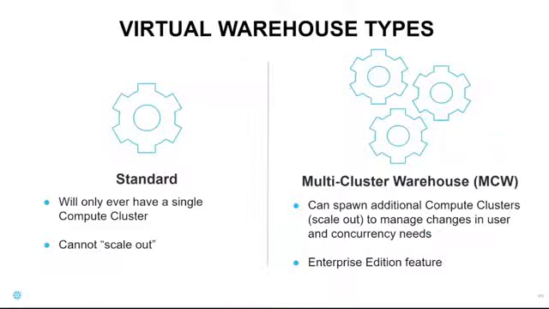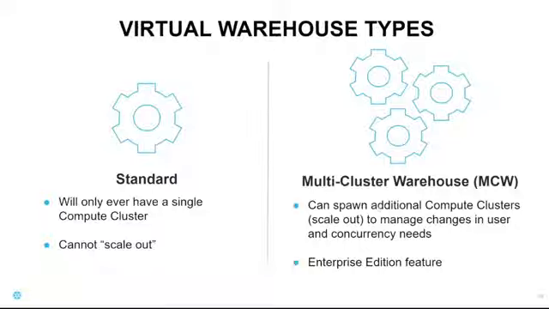Now, there are two types of warehouses currently in Snowflake: the standard warehouse and the multi-cluster warehouse. In the standard warehouse, you have a simple single compute cluster. You cannot scale out, so if your queries increase in the future, it cannot scale out automatically.